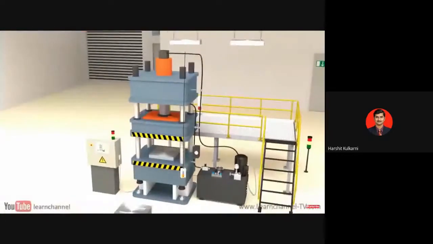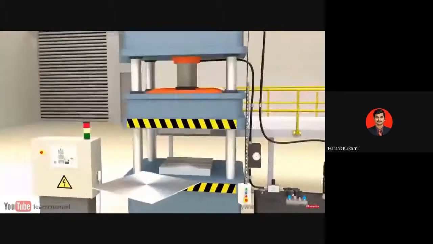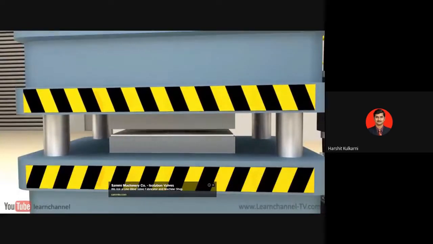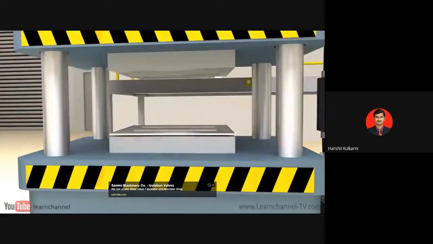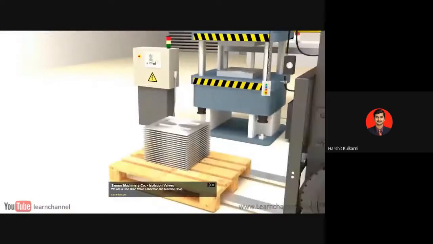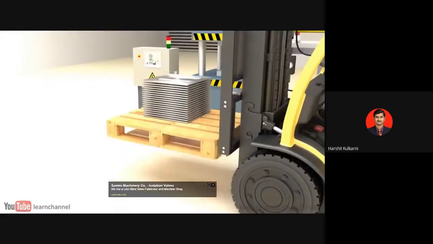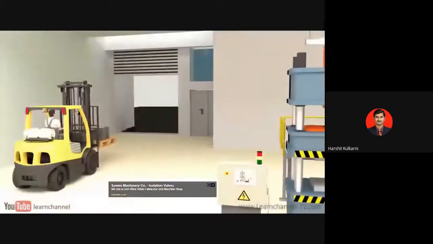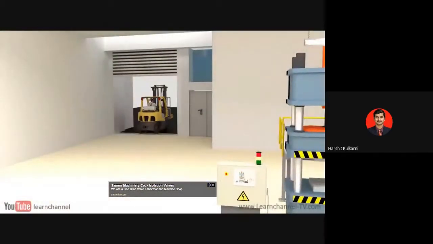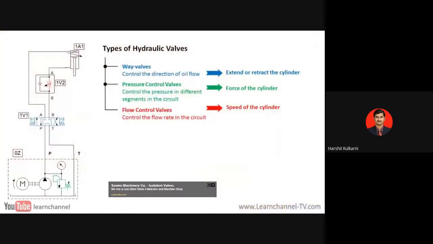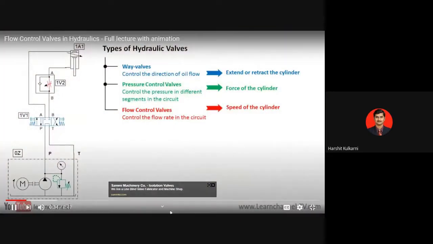Flow control valves are used to control the volume of oils. Let us first consider the simple hypothesis.